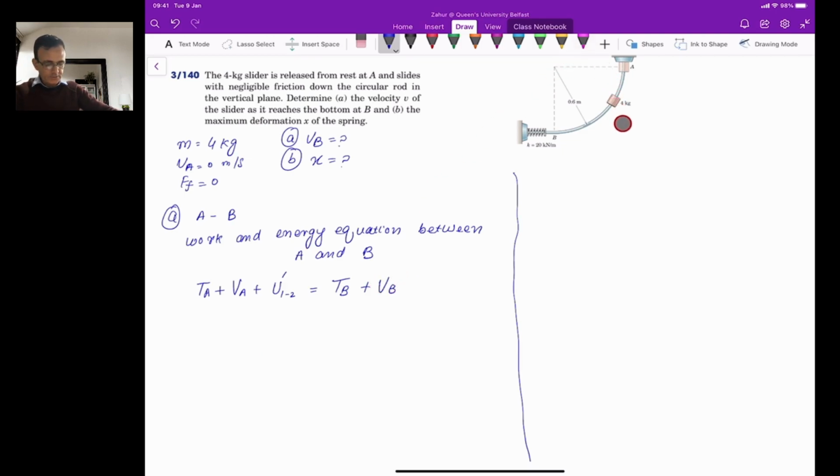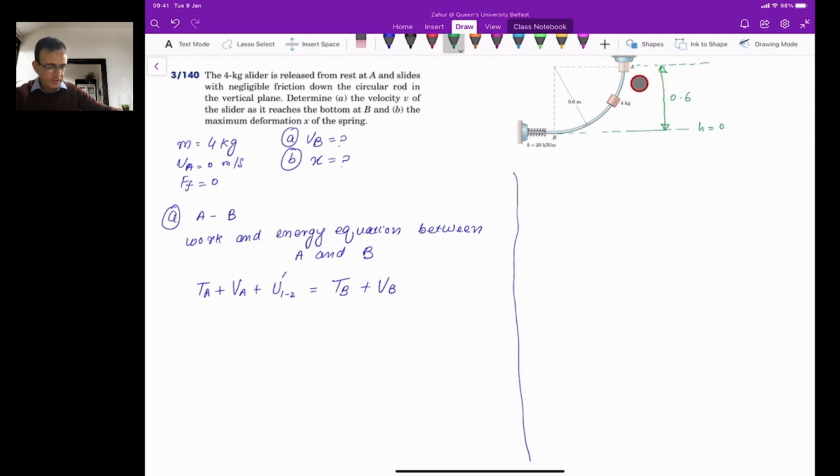Okay, so now as you can see, if you take this as our datum point with h equal to 0 here, then the height here is given, which is this distance here, 0.6, which is the radius of this arc here, so from here to here, which is this 0.6.